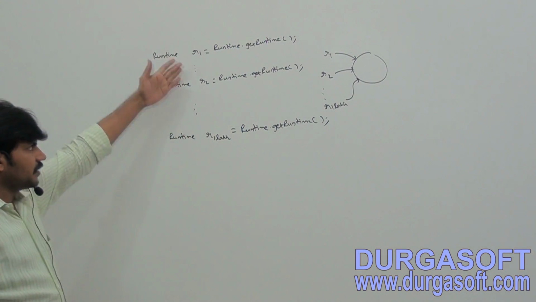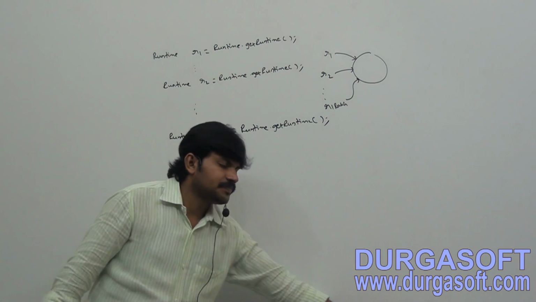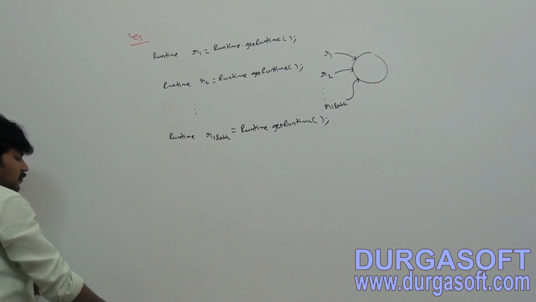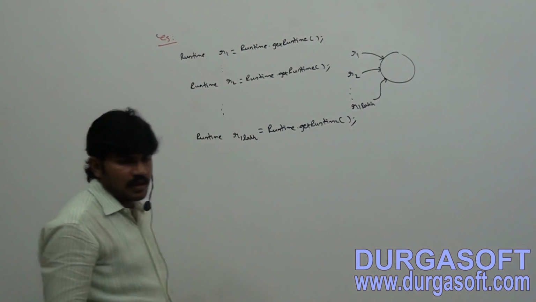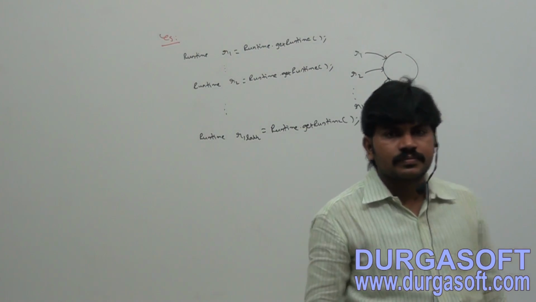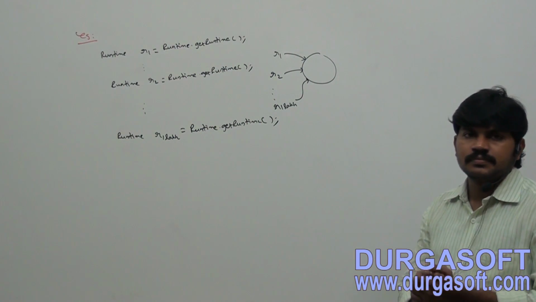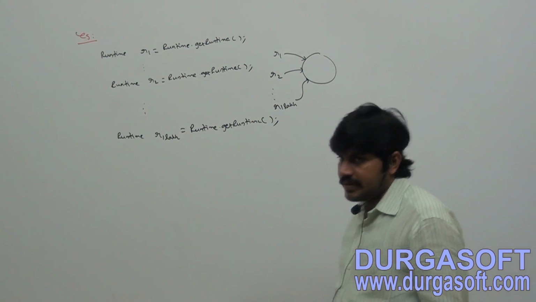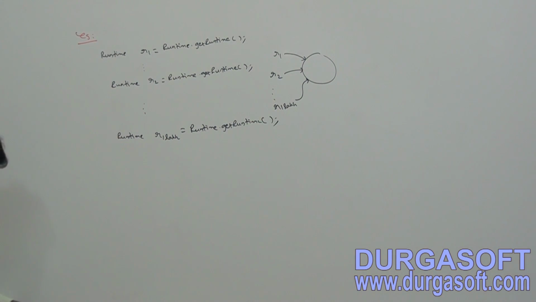Okay, take this example anyway, because we already covered the theory. Runtime R1 is equal to runtime dot getRuntime. Runtime R2 is equal to runtime dot getRuntime. Runtime R1 lakh is equal to runtime dot getRuntime.